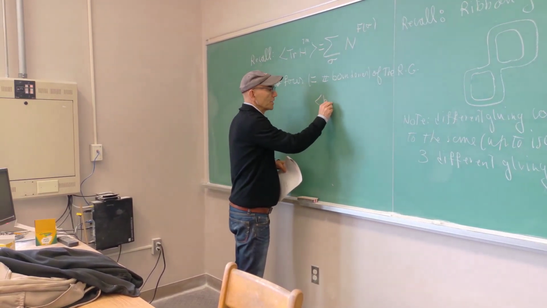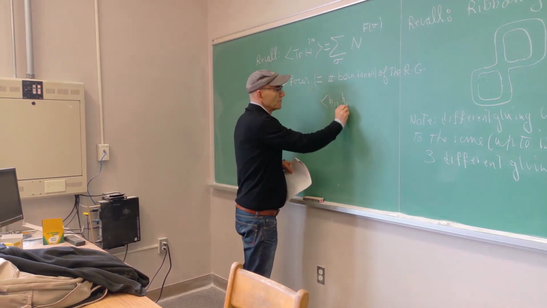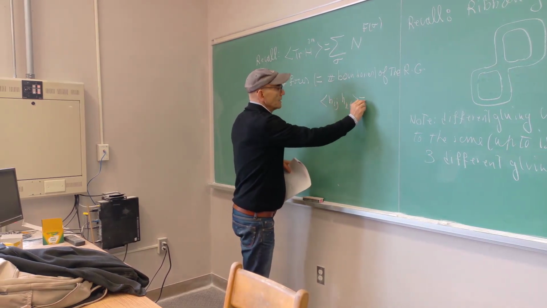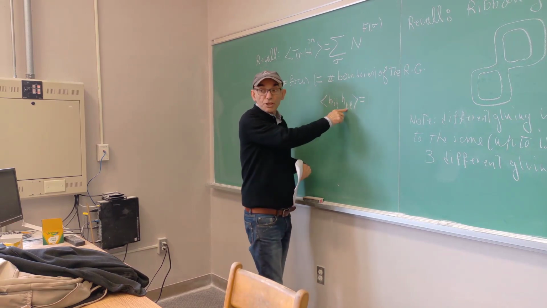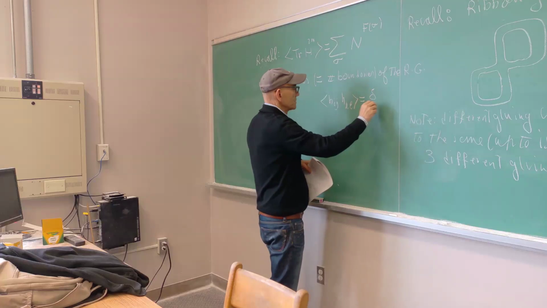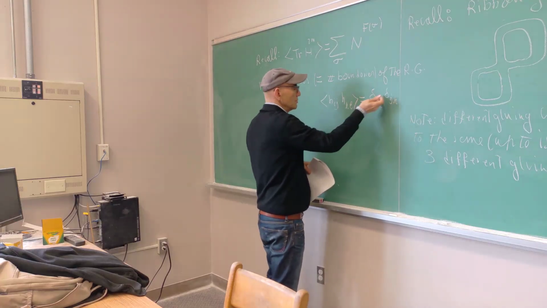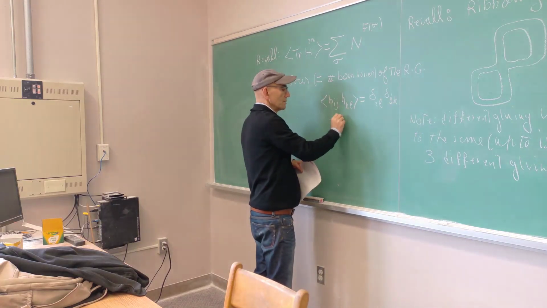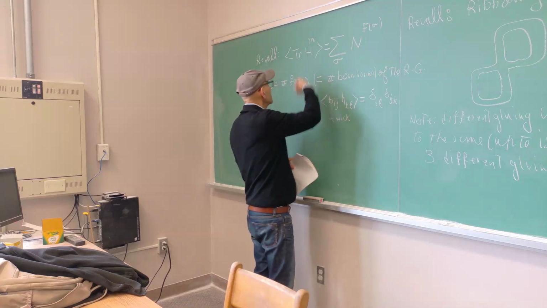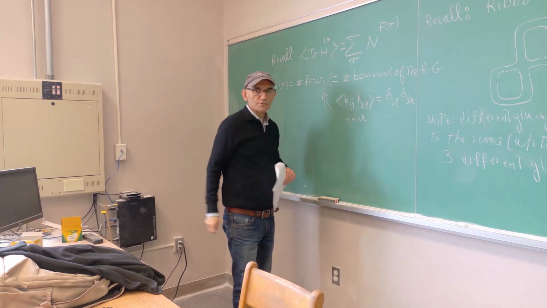Remember, the expectation value of H_ij H_kl is equal to delta_il delta_jk. This was very important, among other things. You use this plus Wick to get this sort of result.